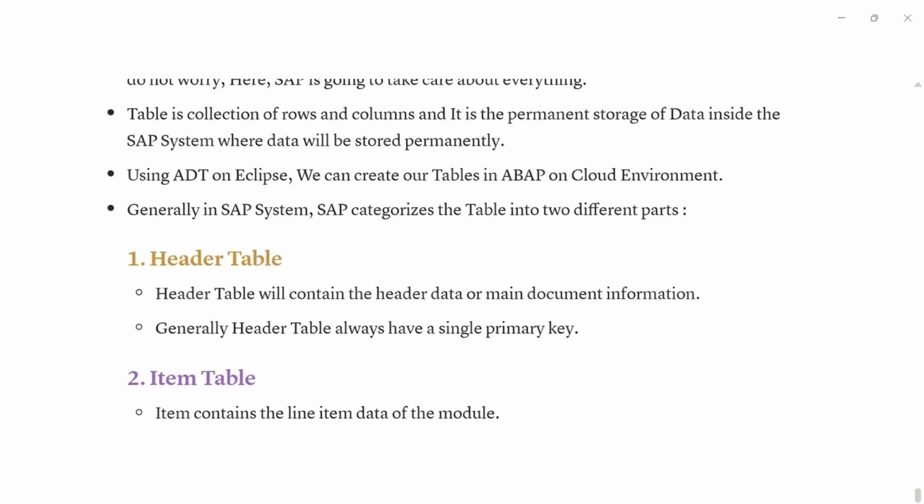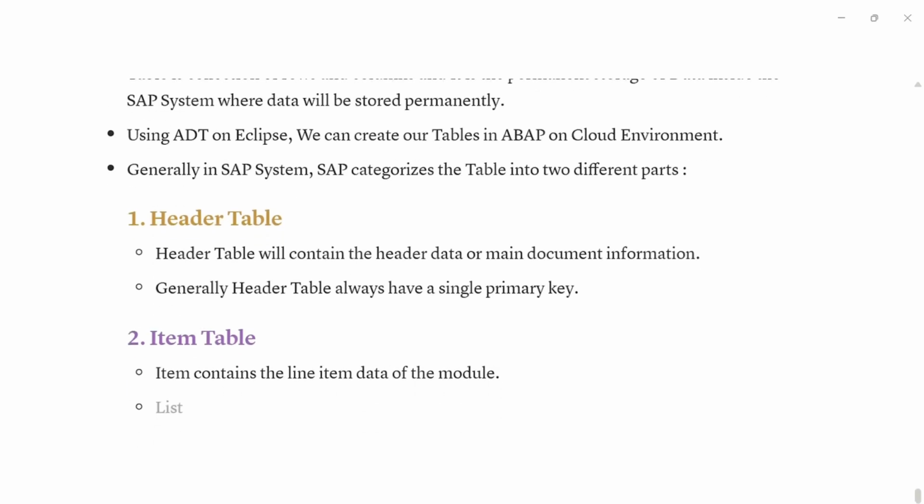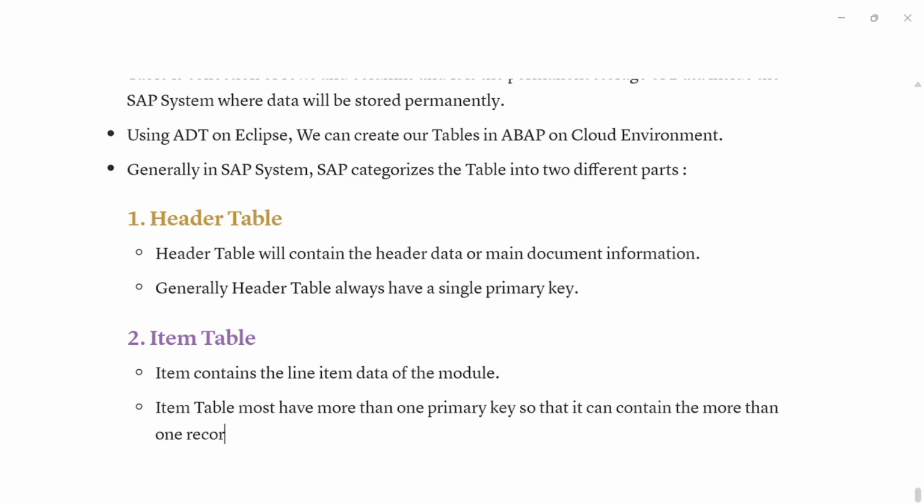An item table can mostly have more than one primary key, so it can contain duplicate data as well, more than one record for each record in the header table.